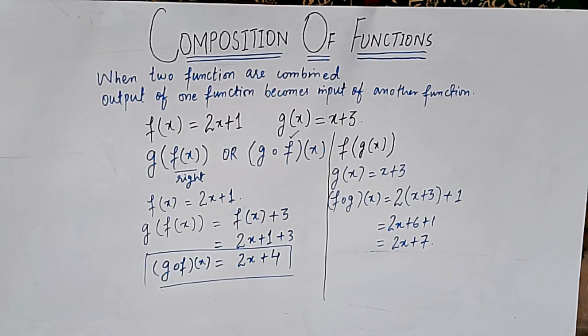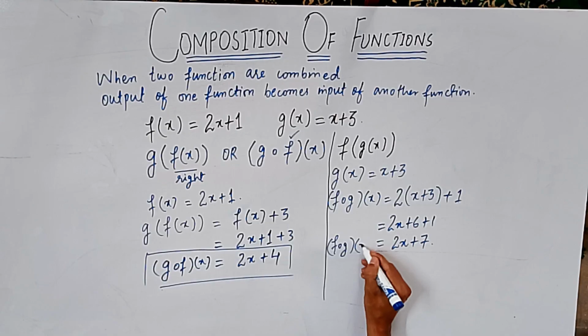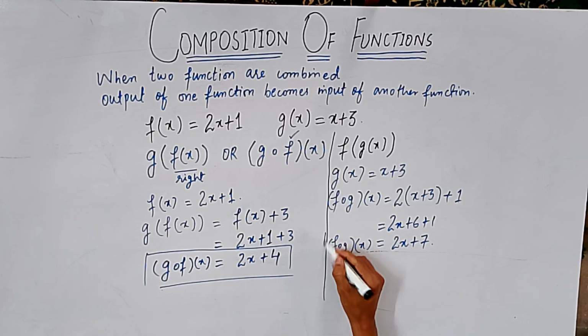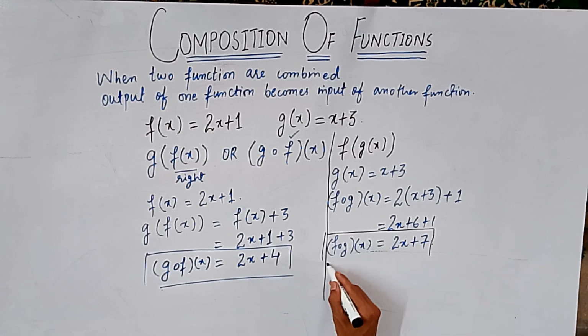From here you can see that by changing the order of the functions, your composite function will change. So in general, the commutative property will not be applicable in composition of functions. There are very few cases in which this property is valid.